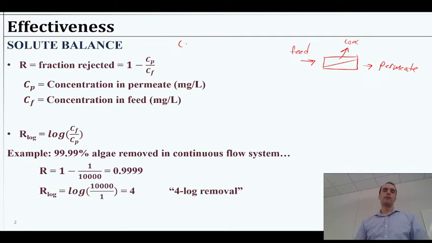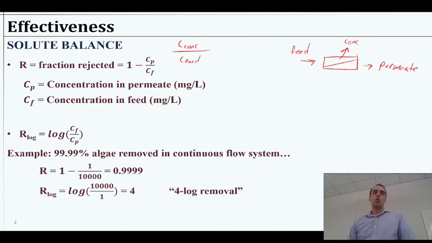I'll say concentration in the concentrate, or the retentate. That'll be the portion that's in the retentate divided by the total amount. C in the feed would be one way to look at it.